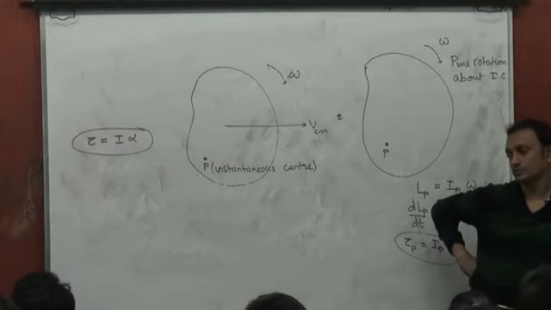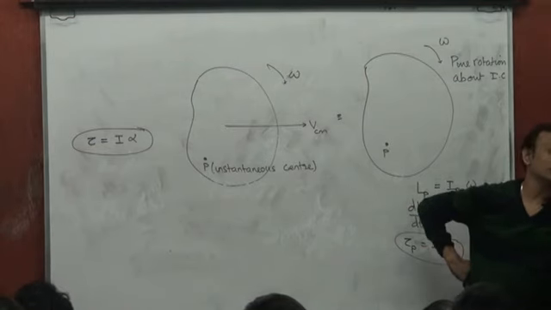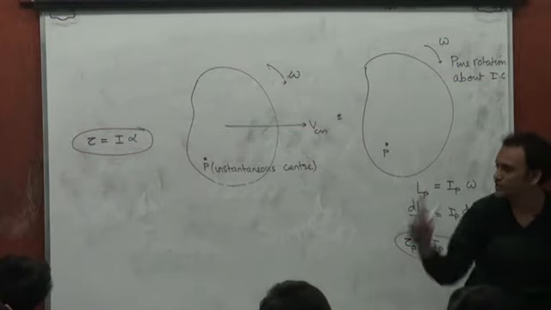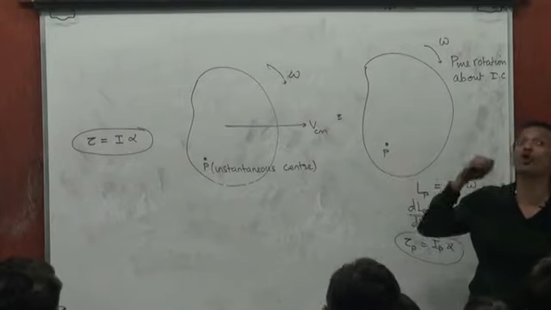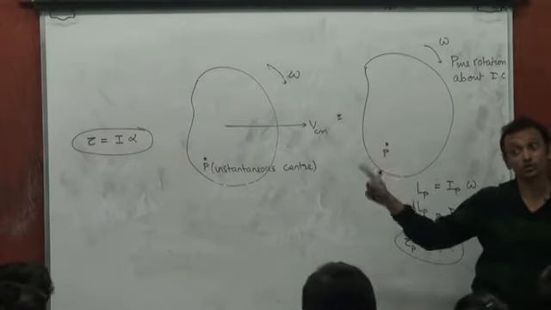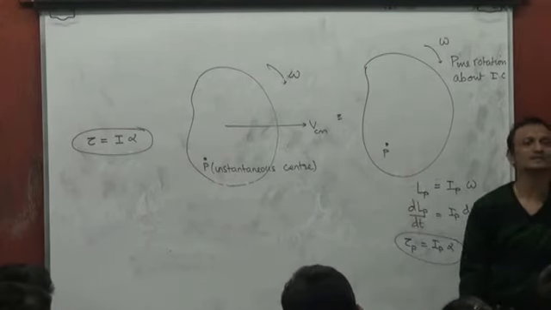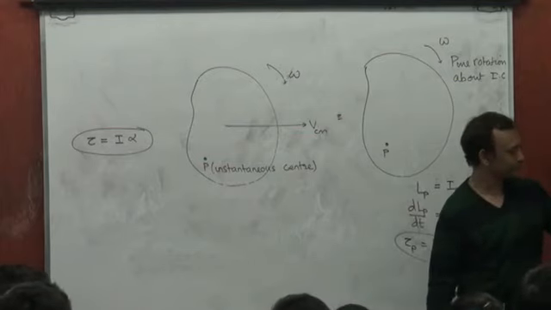One, the center of mass. Two, the instantaneous center. You can't apply tau equal to I alpha about any other point except the center of mass and the instantaneous center. If you apply that, you will get a wrong value of alpha. Right? This is a very important fact to remember. Tau equal to I alpha is applicable only about the instantaneous center and the center of mass. Got me?